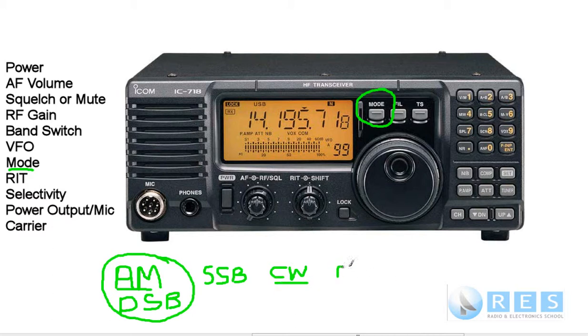FM, this radio doesn't have FM, but FM would also be a suitable mode to measure power or tune up an antenna, because FM, CW and AM, not SSB, have a continuous carrier. So after you announce yourself with your call sign, you've still got a continuous carrier without talking so that you can make adjustments in SWR or power or whatever.